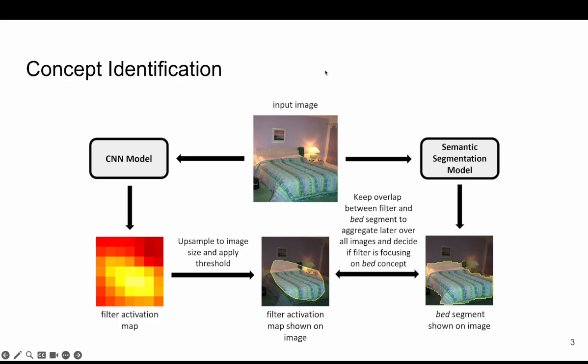Furthermore, for every image in the target dataset on the left-hand side of this image, we pass it through our CNN model under investigation, and we inspect the activations of every filter in the CNN. So at a high level, a convolutional neural network consists of a set of layers, and within each layer, there is a set of filters.